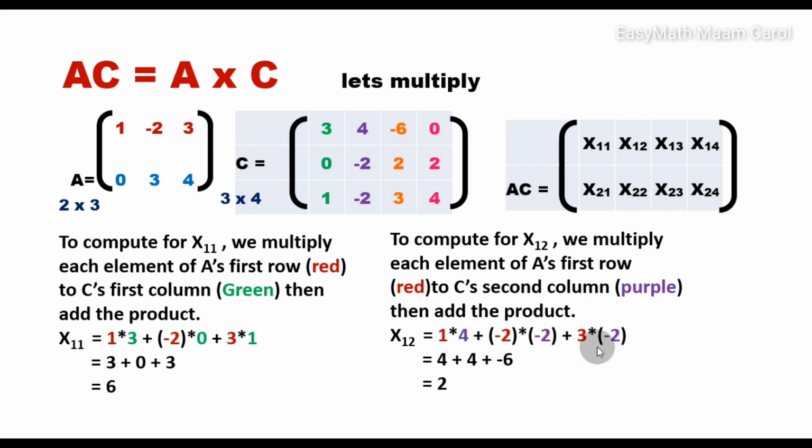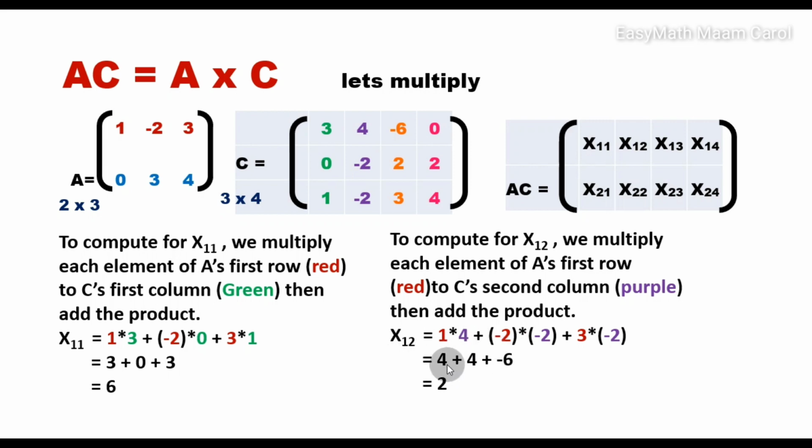Then, find the product. The product of this is 4. The product for this is positive 4. Negative times negative is positive. And then 3 times negative 2 is negative 6. Positive times negative is negative.